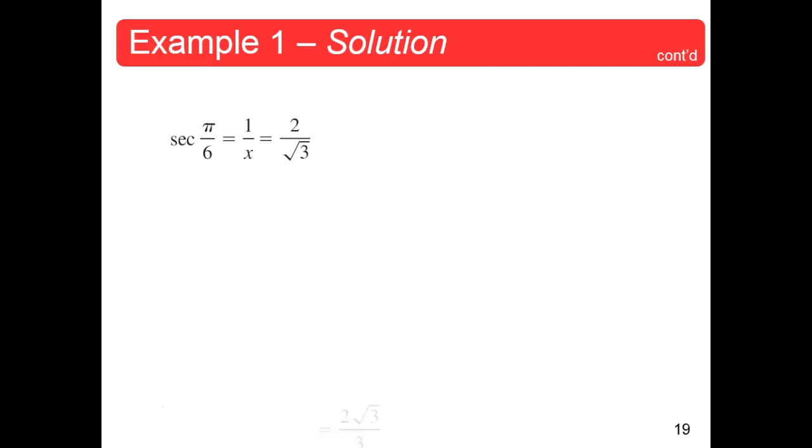And then to rationalize that, you get 2√3/3. And then the cotangent, which I usually do before this, is x/y. That would be √3/2 over 1/2. Multiply out the 2's, and you get √3. Done. Make sense? All right.